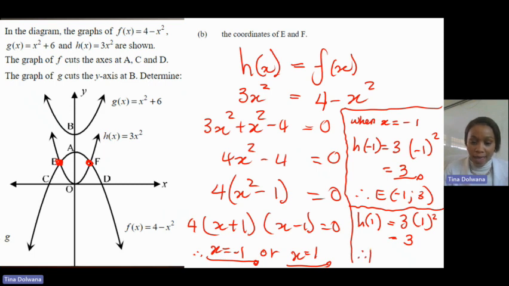So therefore, coordinate F will be (1, 3), which makes sense considering its location on the Cartesian plane. Right, and that's it, guys. So basically, we have now calculated E, and E is this, and F is the following.